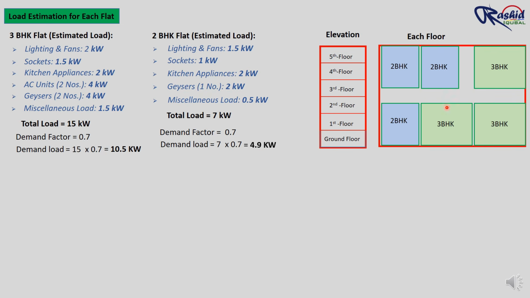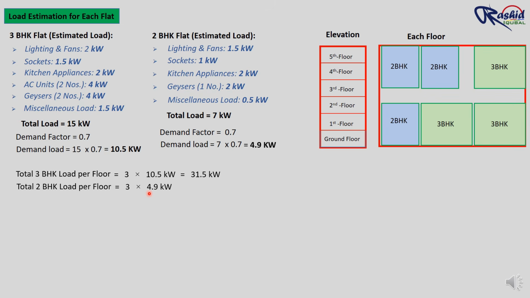Since each floor contains 3 units of 3 BHK and 3 units of 2 BHK flats, the total 3 BHK load per floor equal to 3 multiplied by 10.5 kilowatt equal to 31.5 kilowatt. Same way, total 2 BHK load per floor equal to 3 multiplied by 4.9.